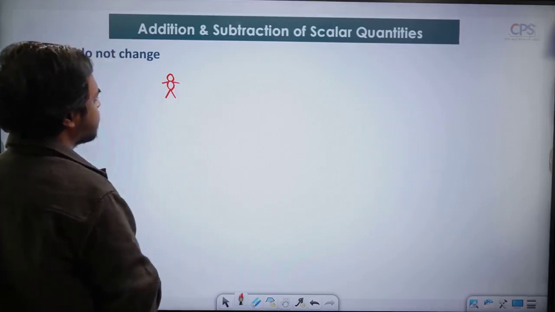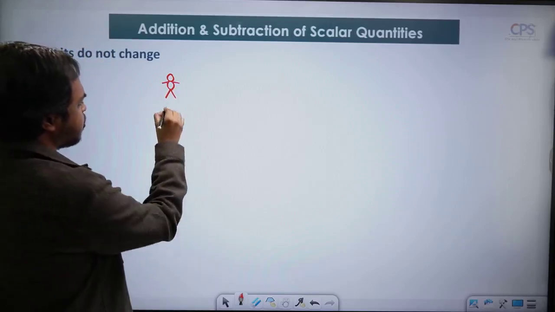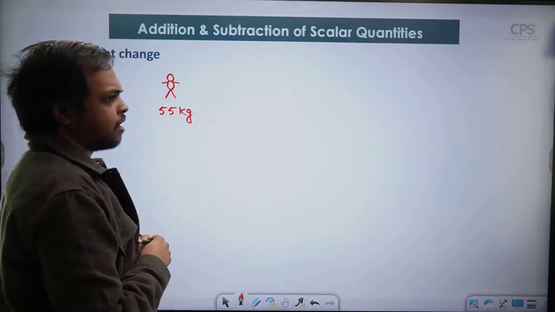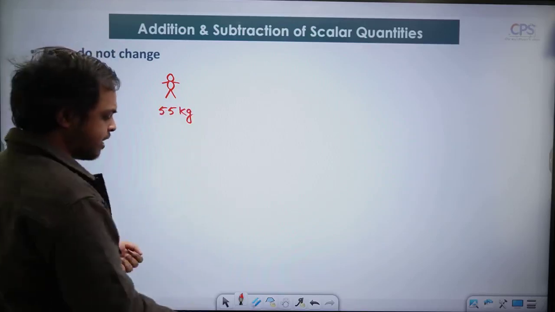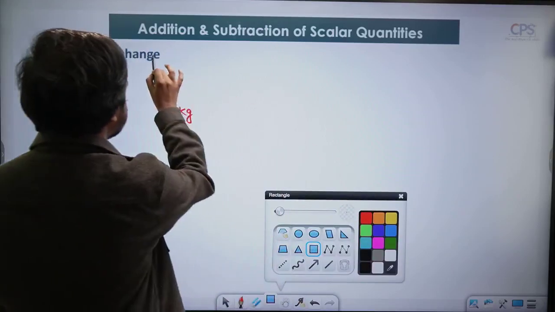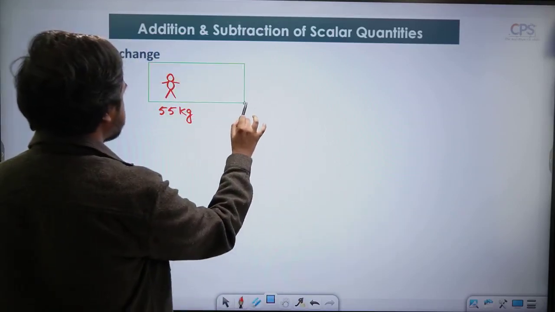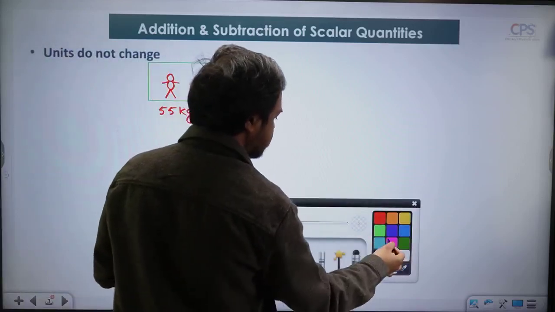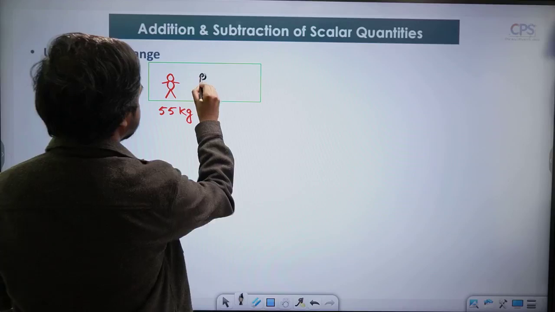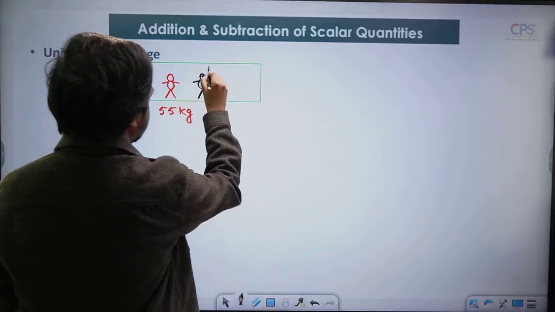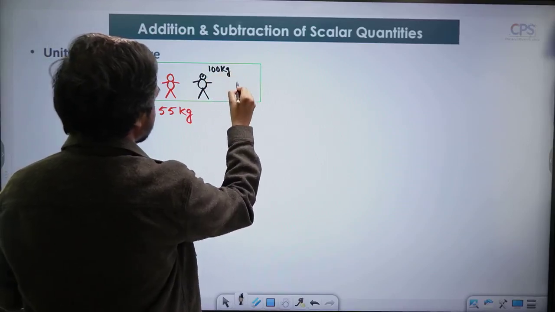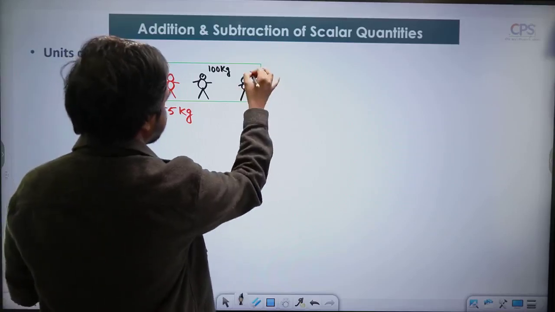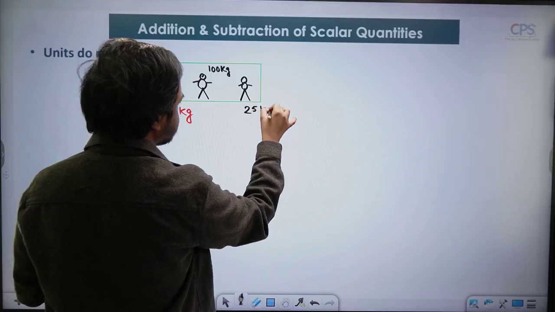Say your mass is 55 kgs, and you are in a lift with a lot of people. Someone weighs, let's say, 100 kgs, he is overweight. And there is a child with 25 kgs of weight.